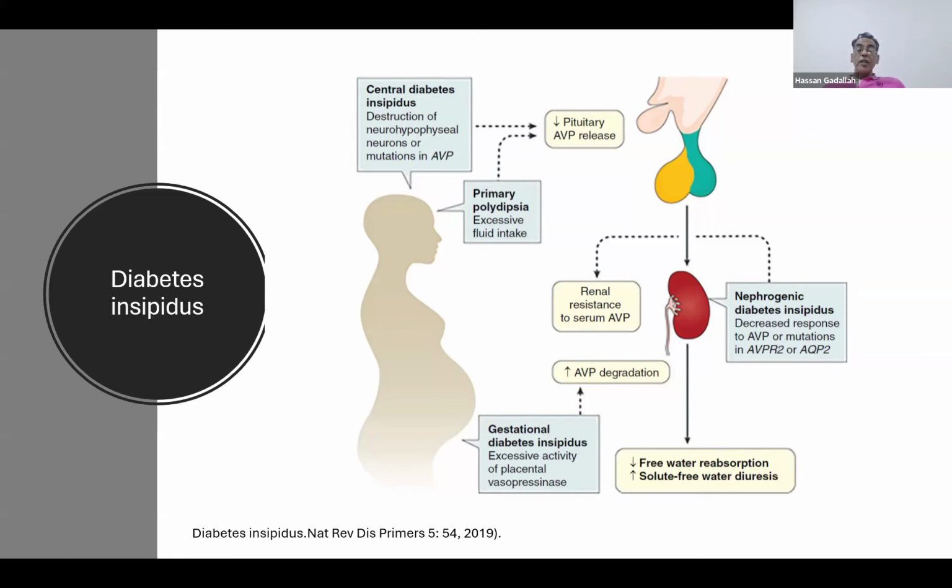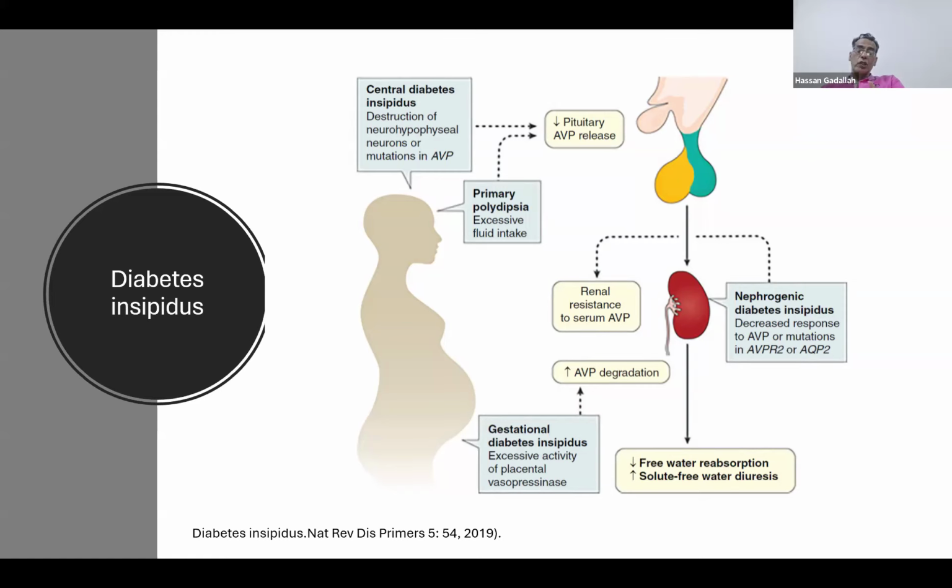There is a transient third cause of diabetes insipidus, which is called gestational diabetes insipidus. It occurs in some pregnant patients in the second trimester due to excessive secretion of vasopressinase from the placenta, and this vasopressinase breaks down the serum antidiuretic hormone, leading to diabetes insipidus, and this type usually resolves.